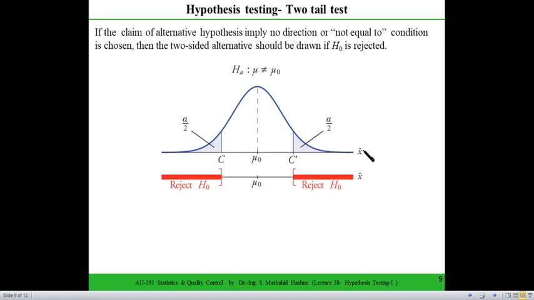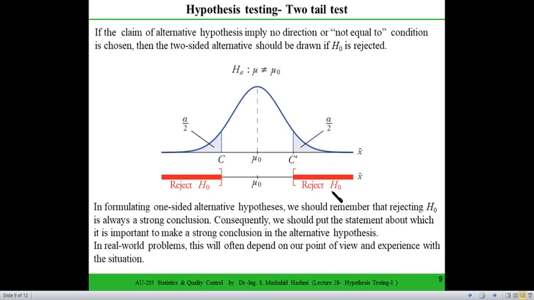If your sample mean lies in that area, you are going to reject your null hypothesis. This is called a two-tailed test because it could be either less than this critical number or greater than this critical number. In either case, your null hypothesis is not correct, so you are going to reject it.